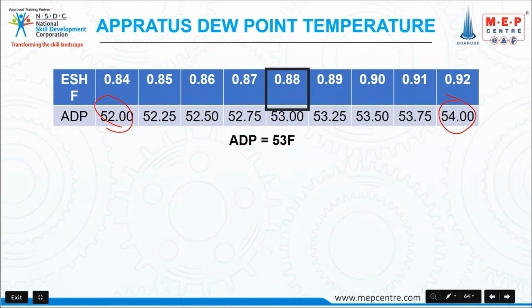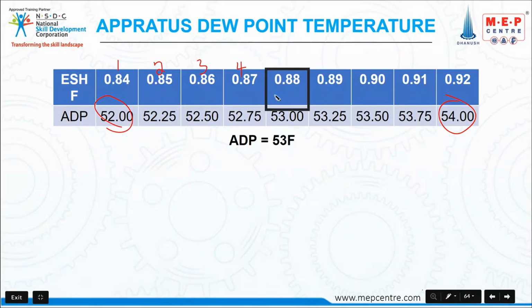Now I need to find out 0.88. To find out 0.88, what I am doing is counting the values. 1, 2, 3, 4.